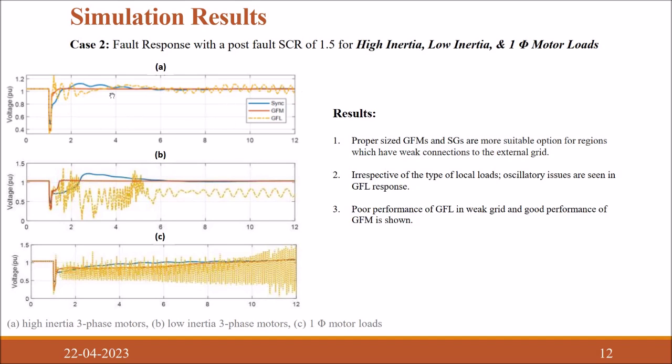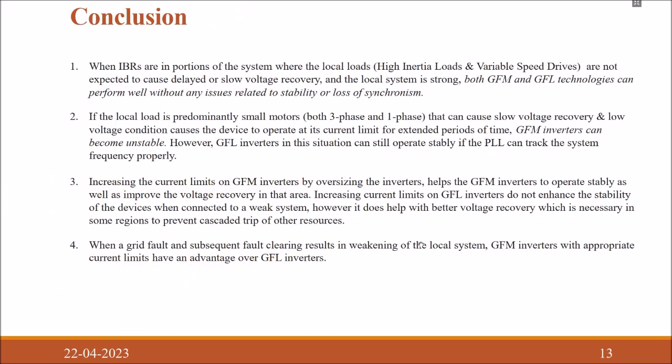The voltage and power output of GFL is oscillating with all types of loading, because the working of GFL is totally dependent on the PLL, the phase lock loop, and if the PLL is not working properly, our GFL will not give proper voltage or power. And here you see that GFM is working pretty well in the weak grid system, and it is able to maintain the voltage. Now let's come to the conclusion of this whole article.